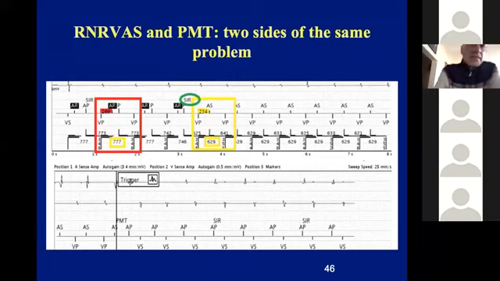And here's an example of why RNR-VAS and PMT are 2 sides of the same problem. What happens here is the rate changes a little bit, and the refractory periods change.